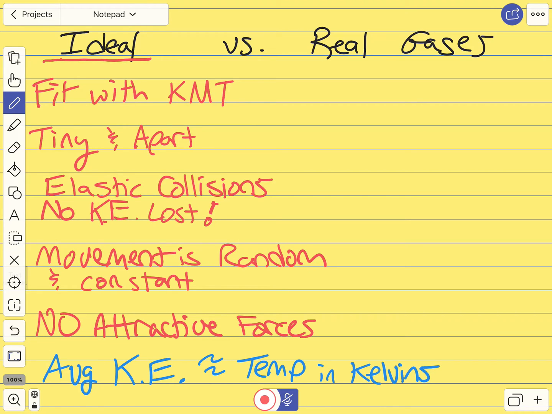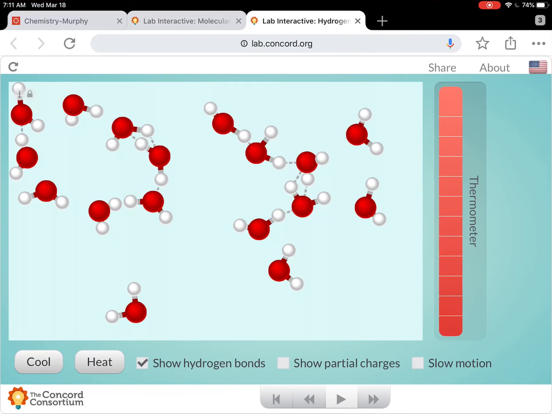We're going to talk about what kelvins is in just a second, but the average kinetic energy is proportional to temperature, okay? Not the element. Not the element. Okay. So let me hold off for just a second and explain what that means.